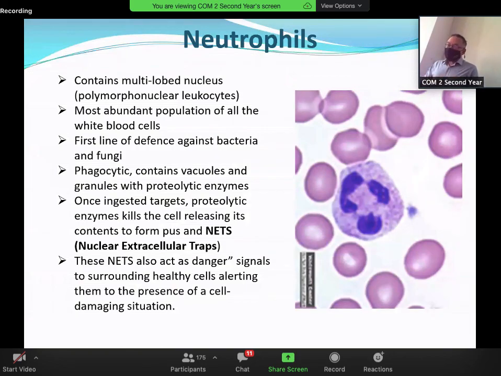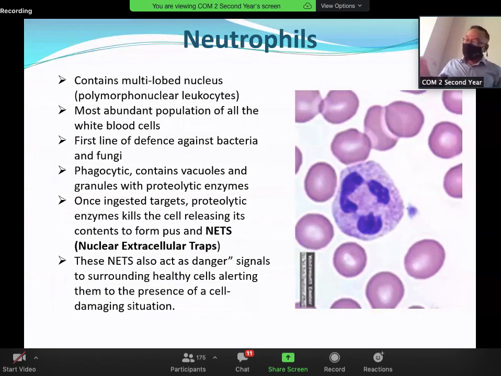So, as I said, the neutrophils are the most important in respect to this frontline defense because they're so abundant. And in fact, we're seeing that a lot of these COVID fatalities are due to people who are not able to mount a good neutrophil response in the initial infection stage, which shows how important they are.